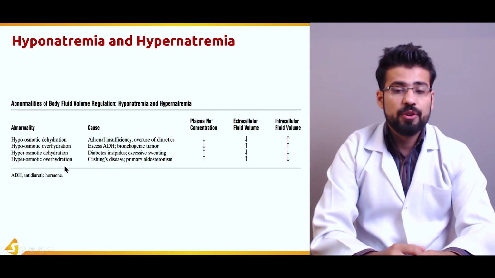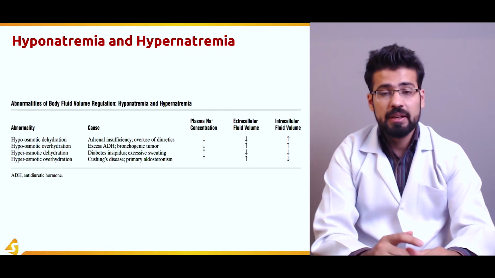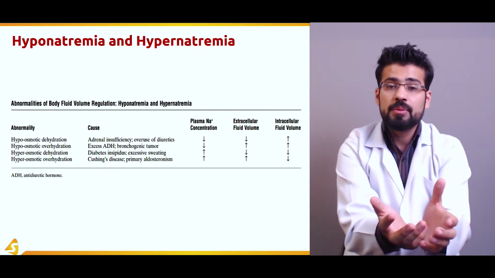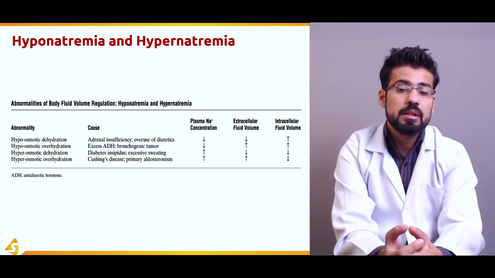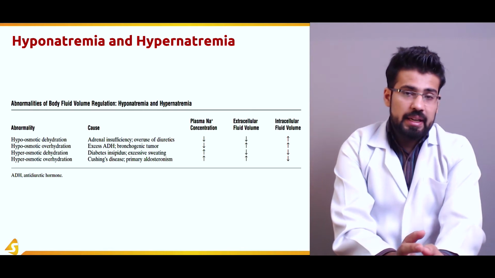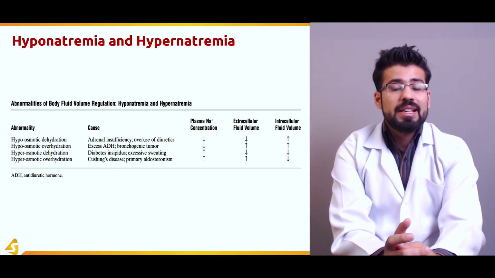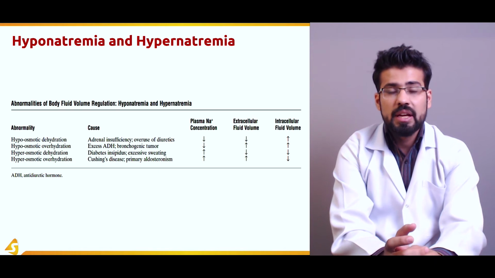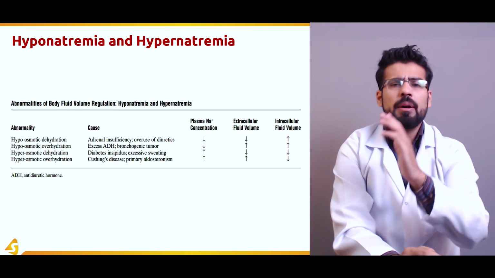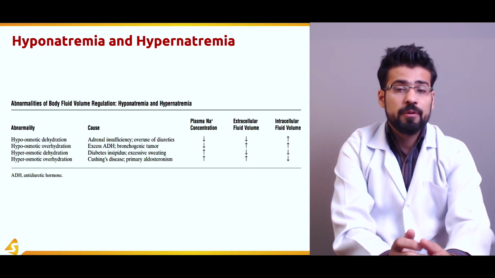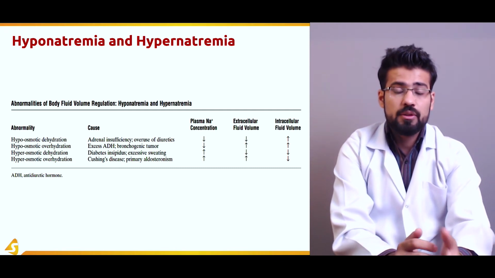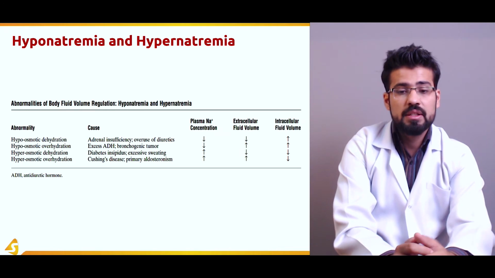Now, what are the conditions for hypernatremia? This means under what circumstances the plasma concentration of sodium would increase. Take an example of diabetes insipidus or excessive sweating. What happens in that particular case is there is an abundant amount of fluid loss in both of these cases, in excessive sweating and in diabetes insipidus.